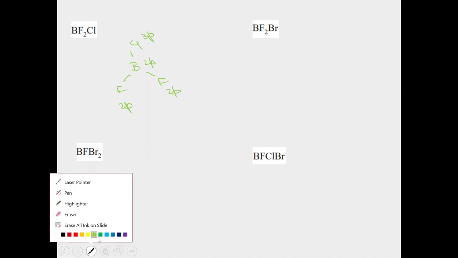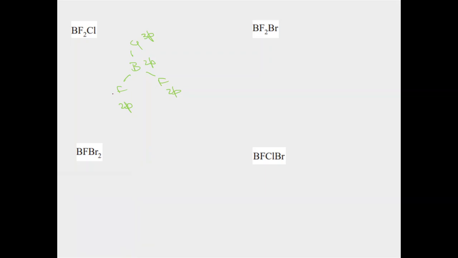So these are the compounds which are given. First is BF2Cl. In this case, boron and fluorine are 2p, but chlorine is 3p. So the 2p-2p back bonding will be better than this 3p-2p back bonding.